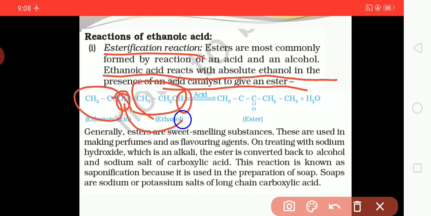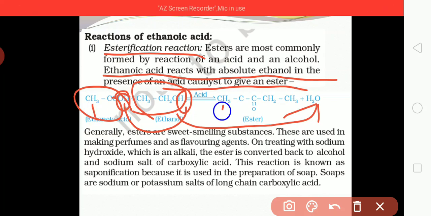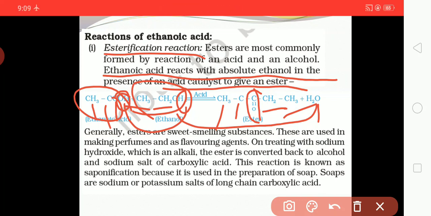OH and H will form H2O, and the remaining parts will form CH3COOCH2CH3. So it will form an ester. This will be our reaction.